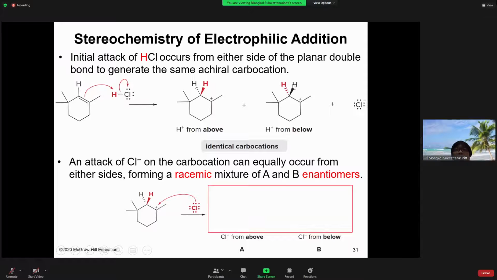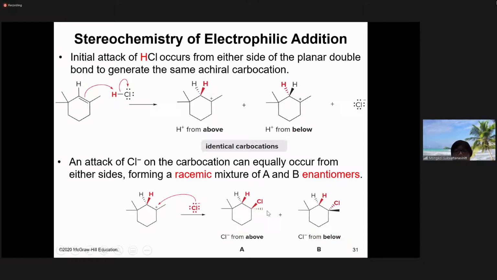Because you have 2 hydrogens here, and this carbon is not chiral. Okay, but in the second step, the chloride can also attack from above or below the plane, and you get 2 products, either chlorine on top or chlorine at the bottom here.